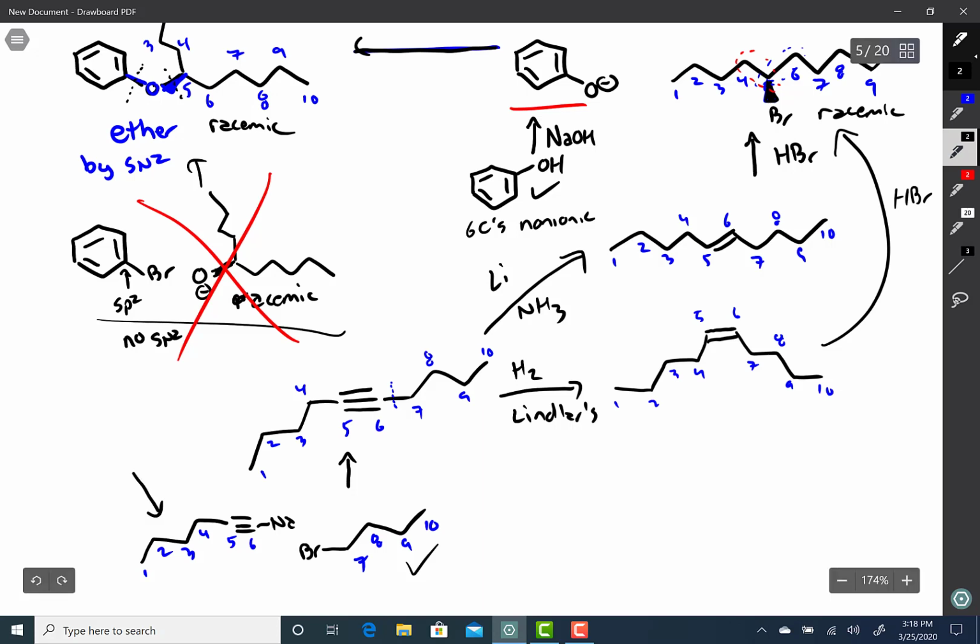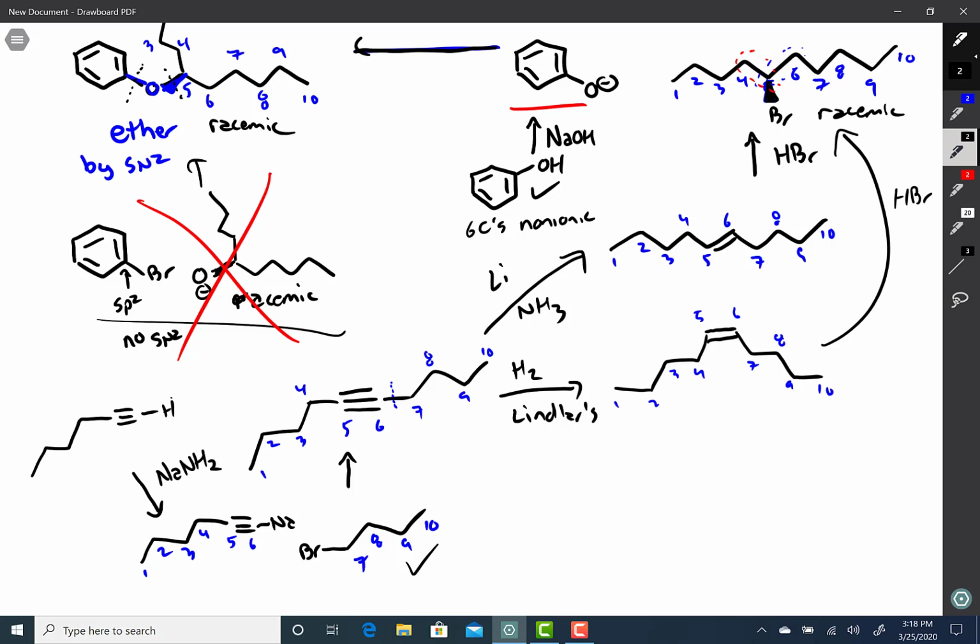And the way you do that is you make that by just an acid-base reaction. And the base that we use is sodium amide, NaNH2. Sodium hydride does not work. Sodium hydride has a tendency not to be able to deprotonate carbons.